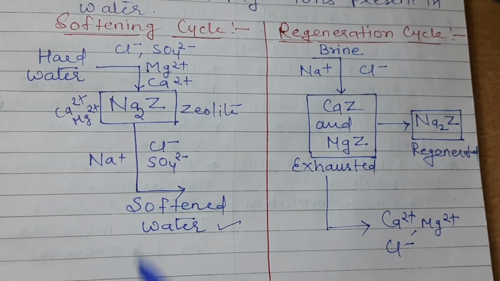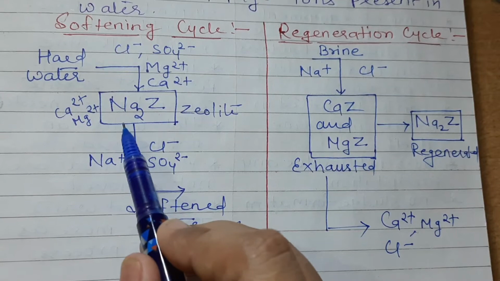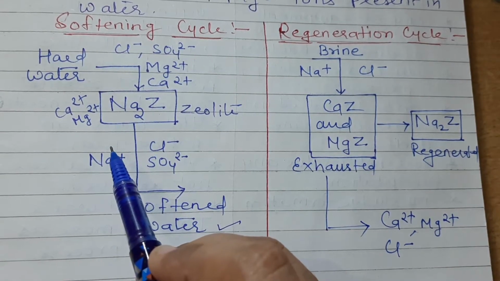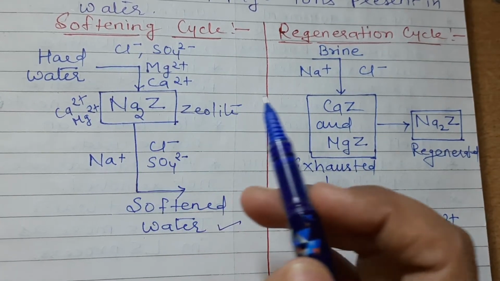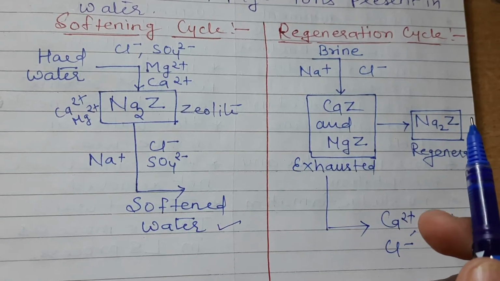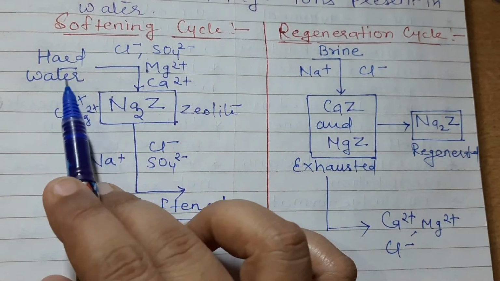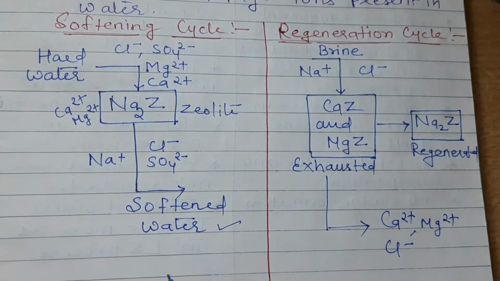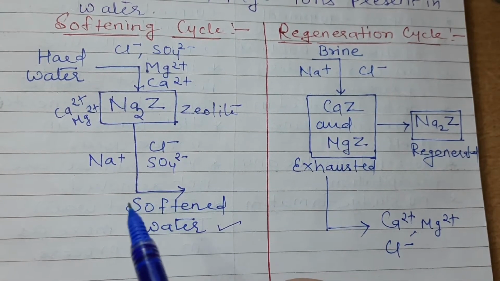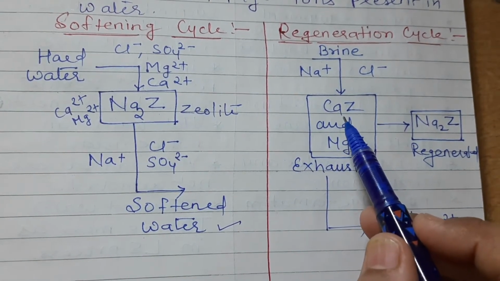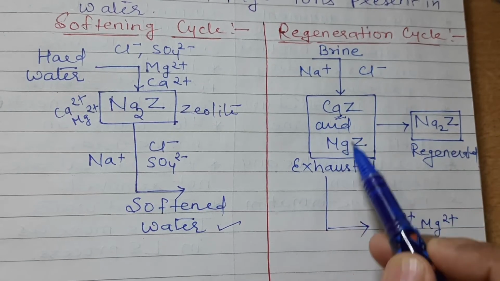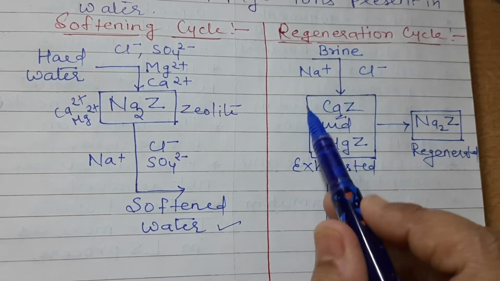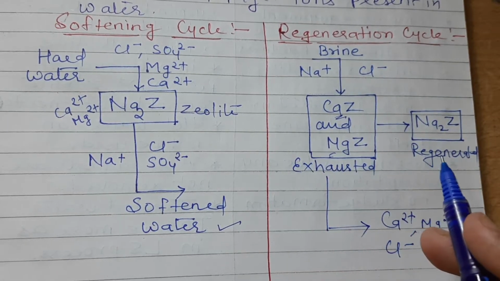Now what happens? The concentration of exchangeable sodium ions in the zeolite is constant. Obviously there must be a certain number of sodium ions which can be exchanged. When you continuously pass hard water through the zeolite, at a certain point all the sodium ions are exchanged with calcium and magnesium ions, and now the zeolite is exhausted.